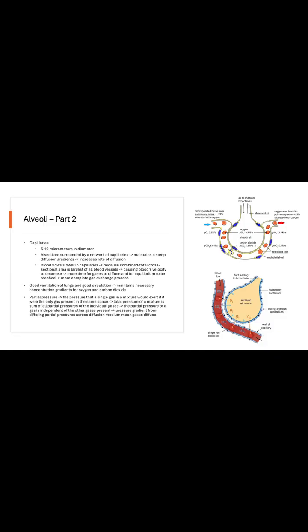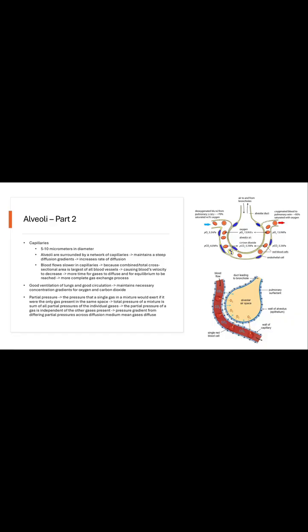We have capillaries surrounding our alveoli, an entire capillary network in fact. And capillaries have a 5 to 10 micrometer diameter, and this is because the blood cells themselves have a diameter of around 7 micrometers. So this is just the right diameter to allow the blood cells to come through.